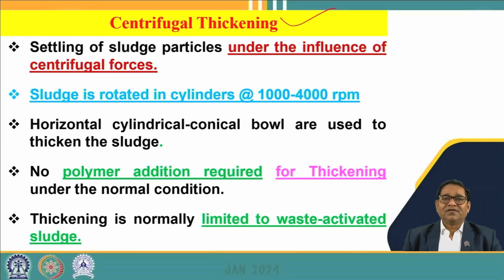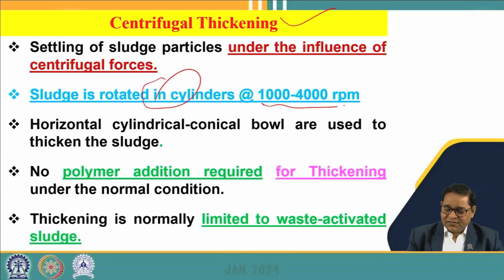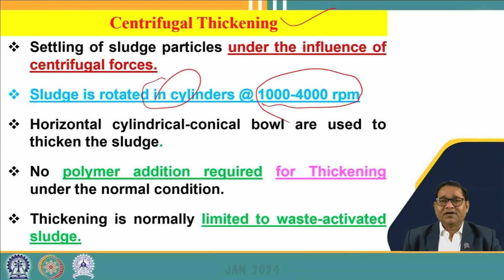Basically this is the process which uses centrifugal force for separation of water from the rest of the sludge. In this process, the sludge is taken into cylinders and rotated at a speed ranging from 1000 to 4000 RPM. Sometimes we may also add some polymers to improve the thickening process.